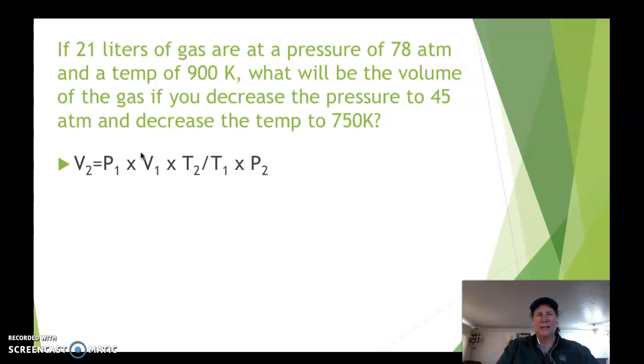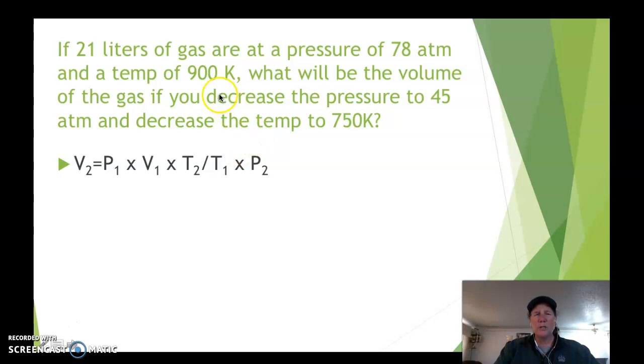Okay, this is pressure, volume, temperature. This is a combination gas law where we have all of them, where we use Boyle's, Charles's, and Gay-Lussac's laws. Again, you're just going to redo your formula and plug in your numbers. Your first pressure was 78. Your first volume was 21. Your second temperature was 750.